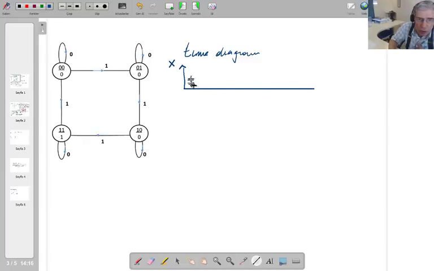So in this one it was 0, in the previous one it was 0, 1, 0, 1 again. Now this x is time. So that's t, that's x(t).